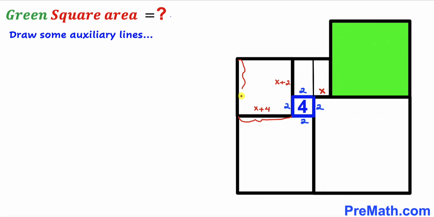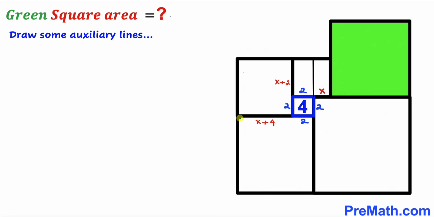This side length is x plus 4, and likewise this side length is x plus 4 as well. So this side length of this square turns out to be x plus 4. Now we are going to focus on this bottom white square.